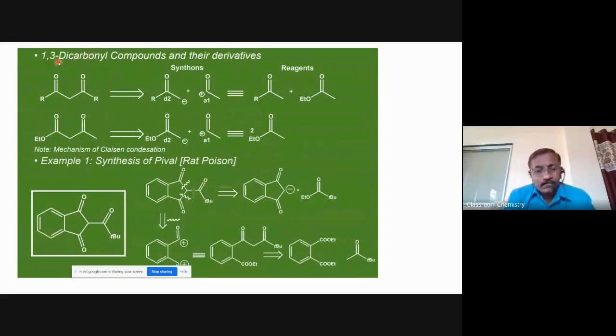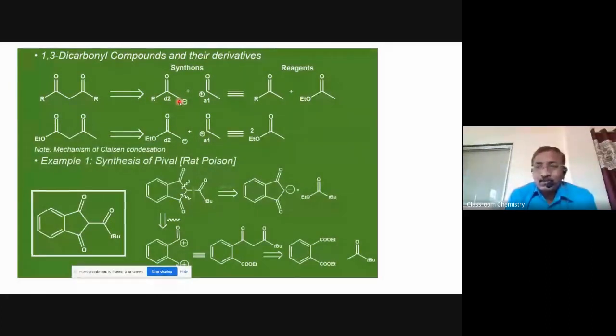Now we can see another type of 1,3 difunctionalized compound, the 1,3 dicarbonyl compound, and it is very easily useful. So if you observe this carbon number 1, 2, and 3. Now, when we disconnect over here, we always break the bond near the carbonyl. So we get corresponding acceptor 1 and donor 2.